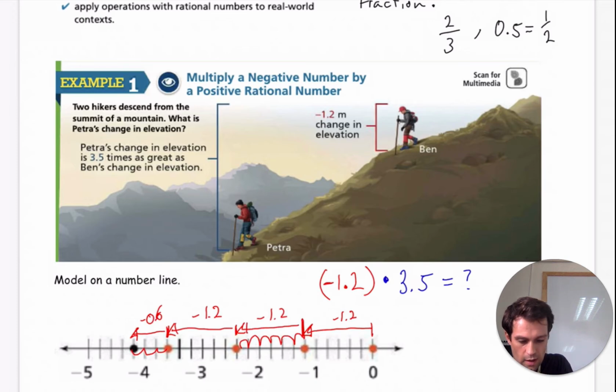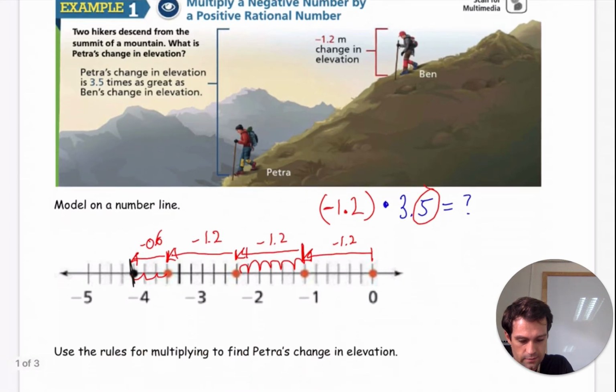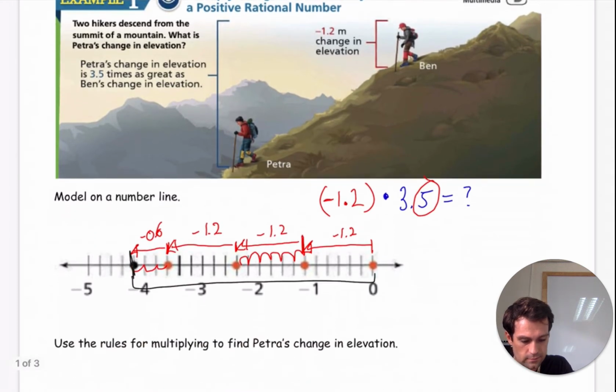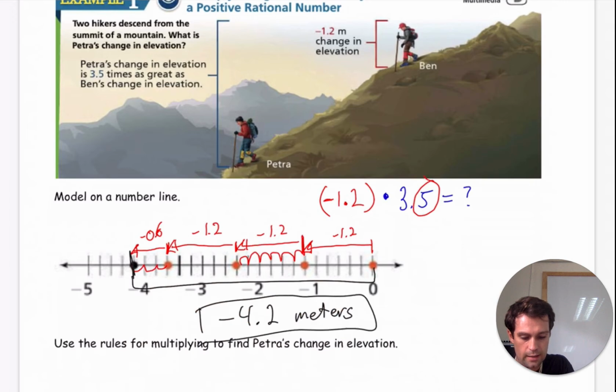The reason why is that it is half of 1.2. So it is a total of negative 4.2 meters. And that's how we can model this on a number line.